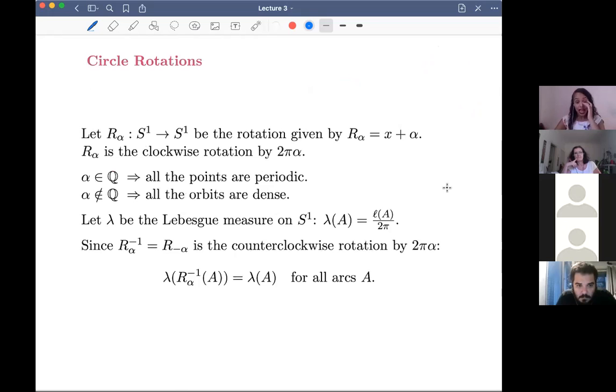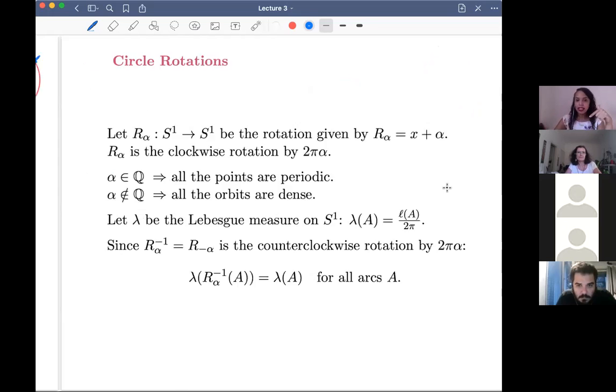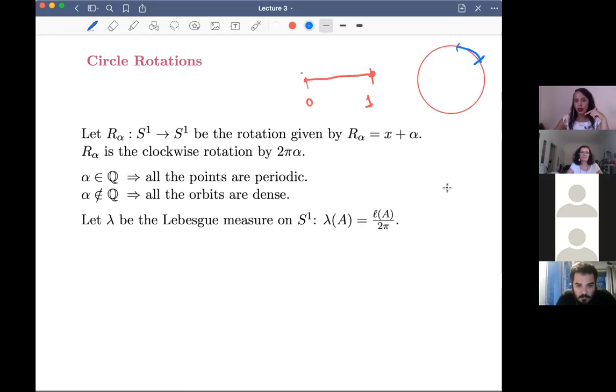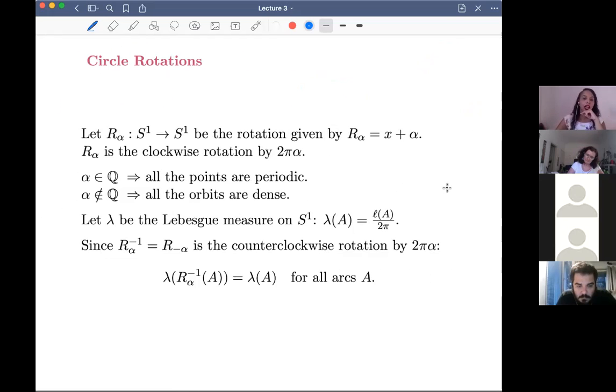Fine. Well, note that we want to prove that Lebesgue is invariant. To prove that it's invariant, we have to prove that for all the arcs, the measure of the preimage of the set under the rotation is equal to the measure of the set.